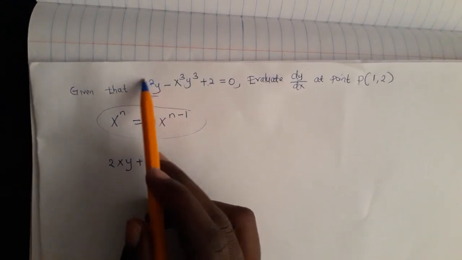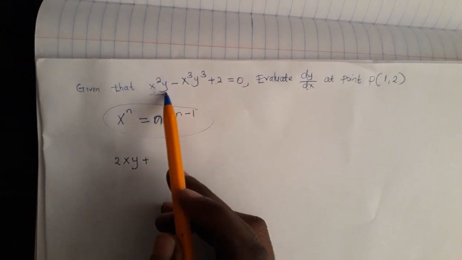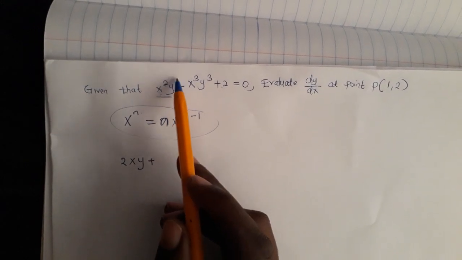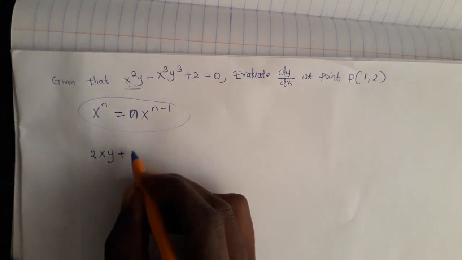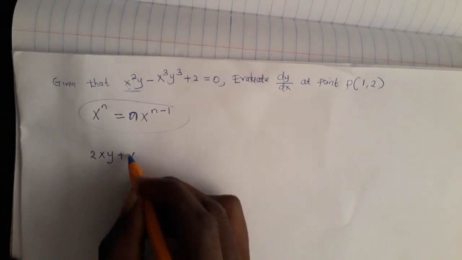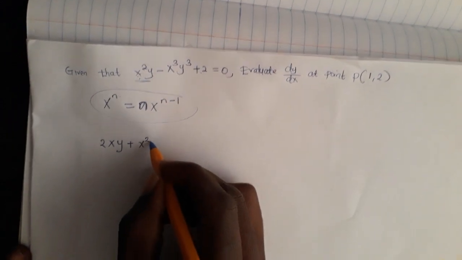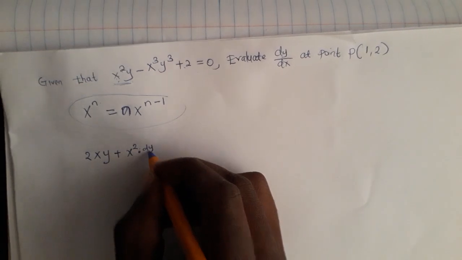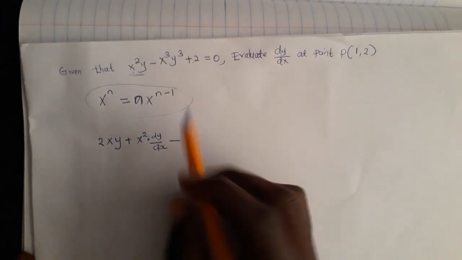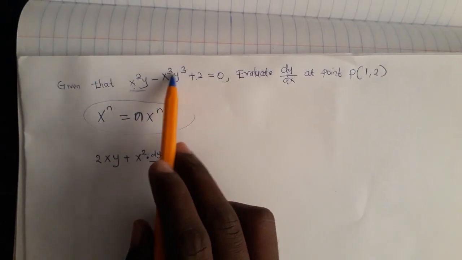Now we differentiate it again with respect to y. So y is raised to power 1, so 1 comes before, we're going to have 1, and then x will remain the way it is, and then y, if we differentiate y, we get dy over dx, and then minus x power 3 y power 3.